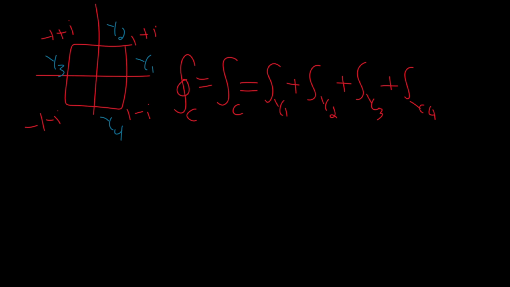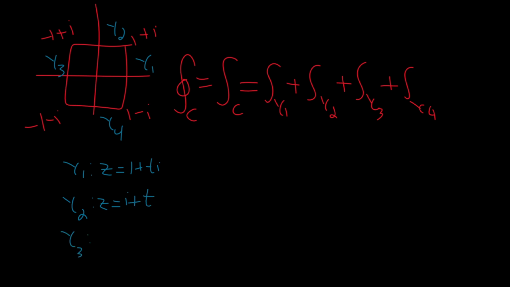So we're going to parameterize essentially all of these. So for gamma 1, we're going to have z equal to 1 plus ti. And for gamma 2, we're going to have z equal to i plus t.